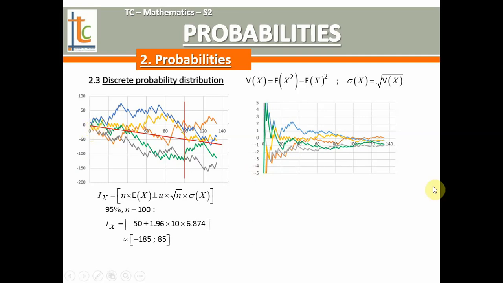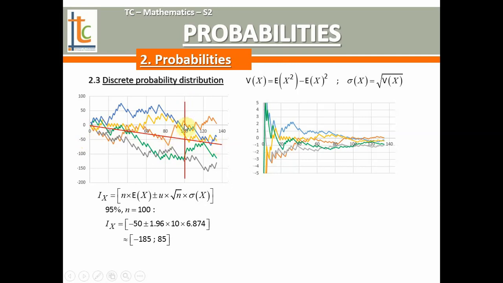This is the central, ideal simulation. Each time you try, you lose 50 cents. So after 100 times, you lost 50 euros, and so on. So this is your central expectation of cumulated gain.